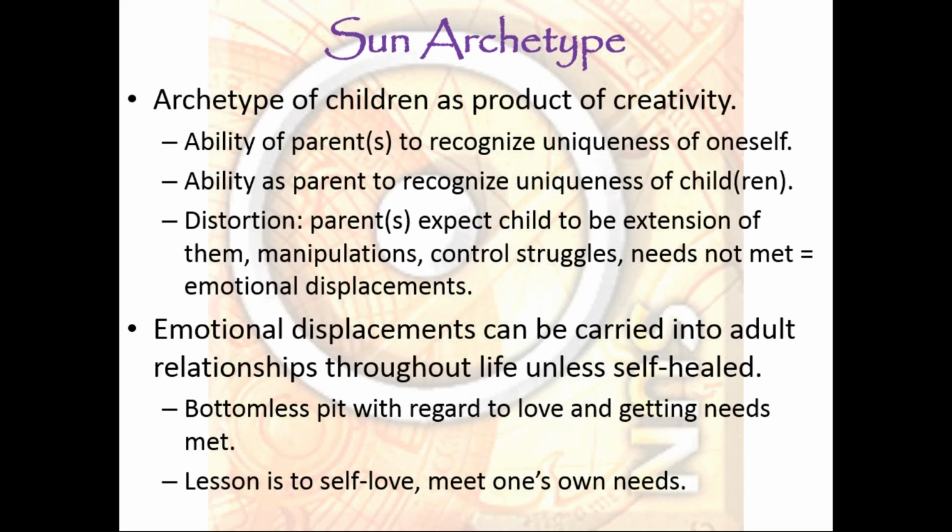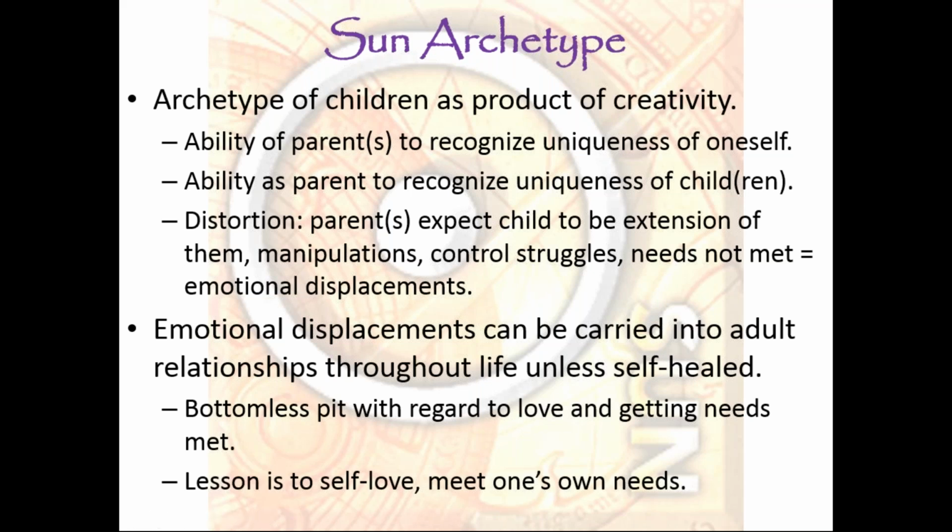Many of these words within these various archetypes of the sun can be exchanged as we look at some of these principles. What will happen is if the parent cannot recognize who we are and that uniqueness and meet it, or we can't do it with our children, then it creates what are called emotional displacements.